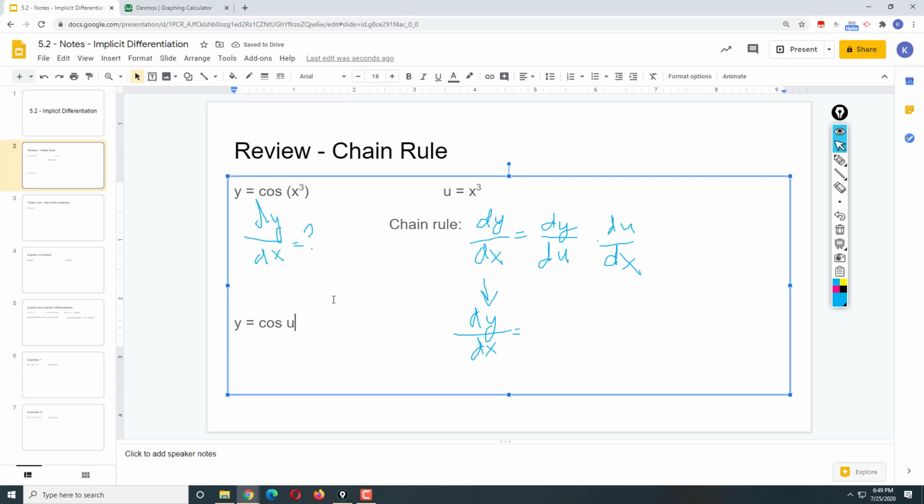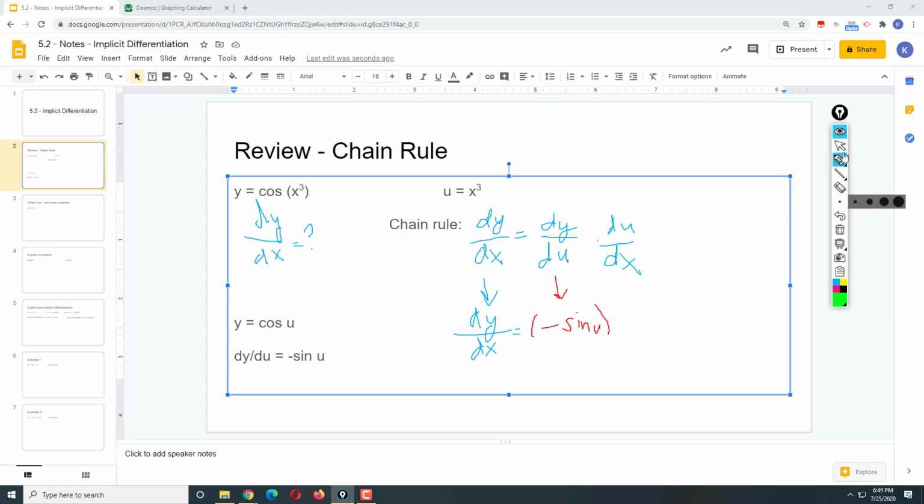If y is cosine of u, then dy over du, the derivative of cosine, is negative sine u. So this term dy over du becomes negative sine u.